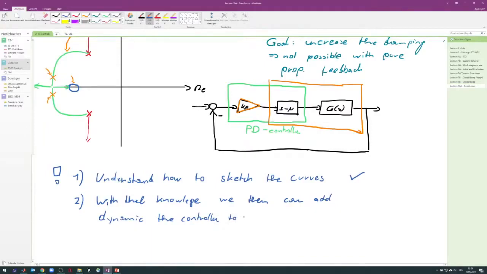And the goal is to make the desired pole locations reachable, right? And actually the desired closed loop pole location.